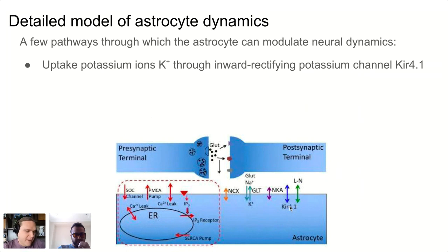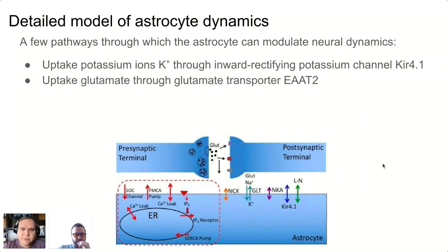This is a channel that preferentially removes elevated potassium from the synaptic cleft. Elevated potassium could lead to enhanced excitability for the postsynaptic neuron, so one of the astrocyte's jobs is to clear that elevated potassium and return things to baseline levels. Another pathway is uptaking glutamate through the glutamate transporter EAAT2, sometimes written as GLT.